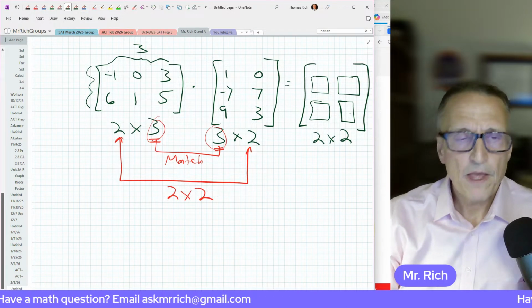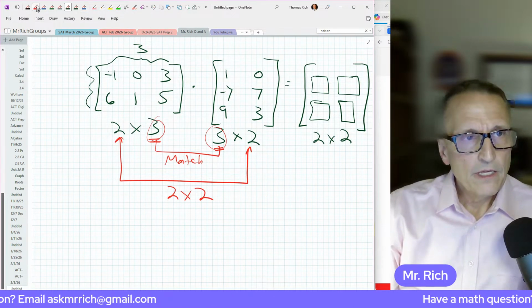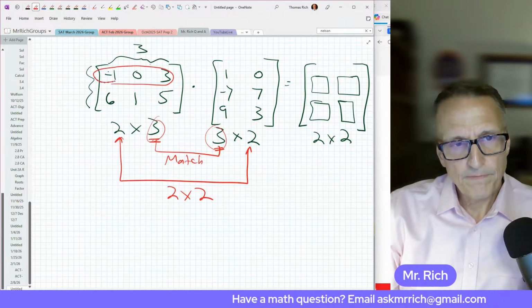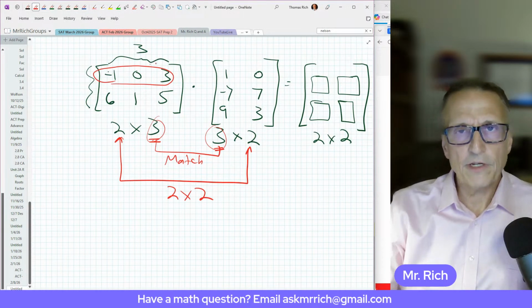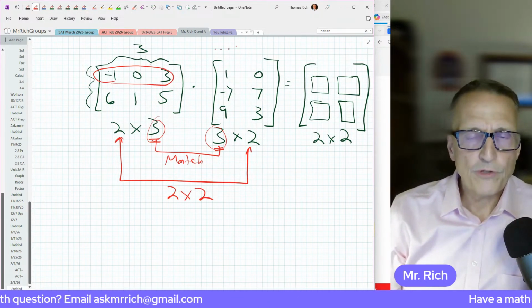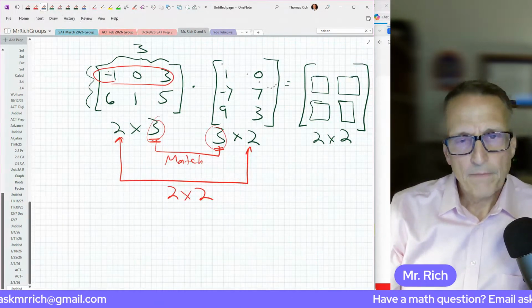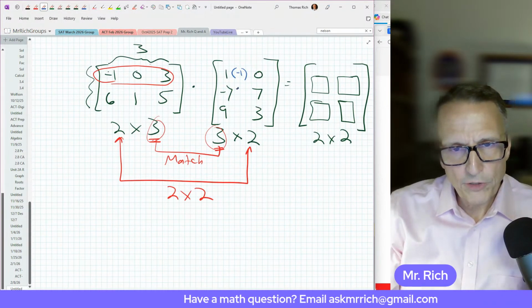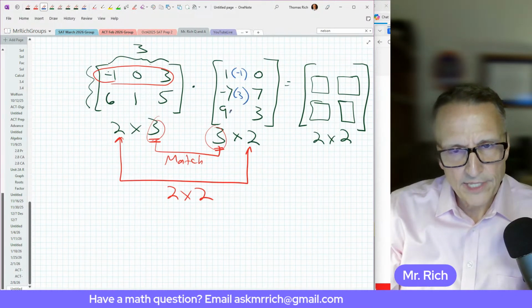What you're going to do is take the first row of the first matrix, negative 1, 0, 3, and basically rotate it to make it into a column. You're then going to multiply it by the first column of the second matrix, multiplying the corresponding elements that line up.